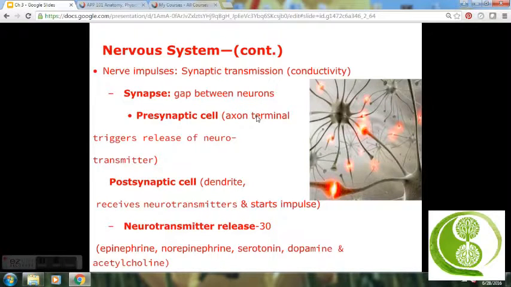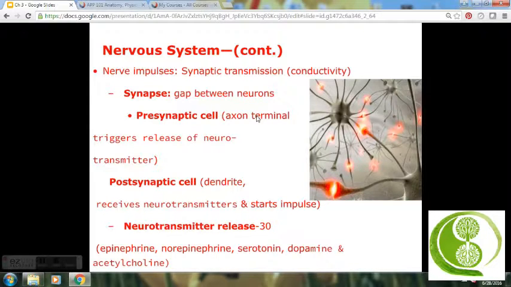The impulses are conducted in a tiny but active gap called a synapse. We talked about that briefly when we were talking about tissues. The synapse is the gap between the neurons. The nerve cell that needs to transmit the impulse is called the presynaptic cell, and the cell that will receive is called the postsynaptic cell.